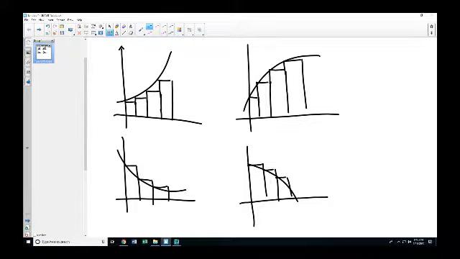Okay, label each of those, which ones you think are over and underestimates.